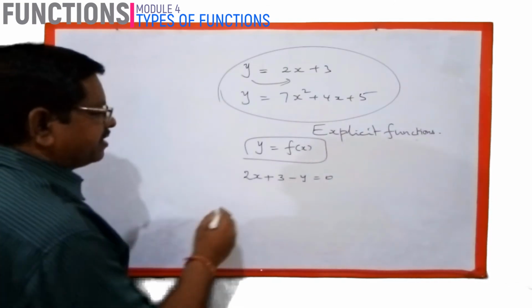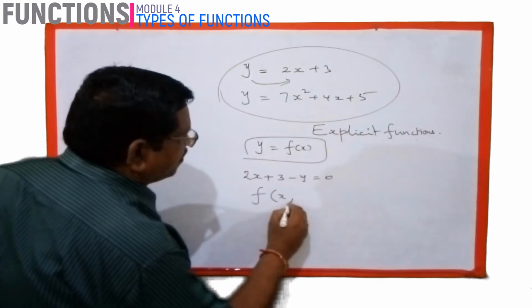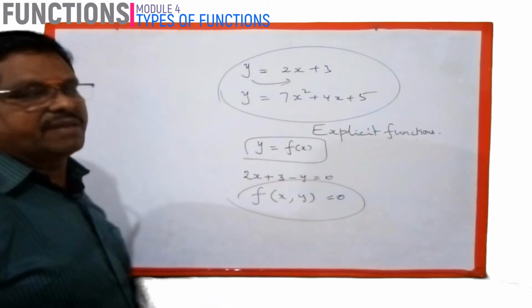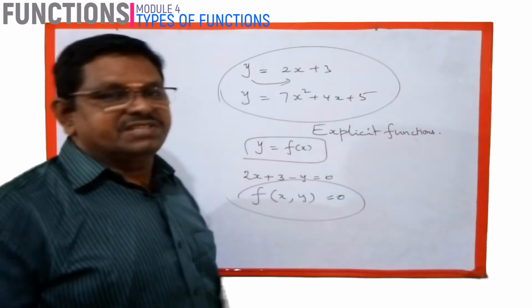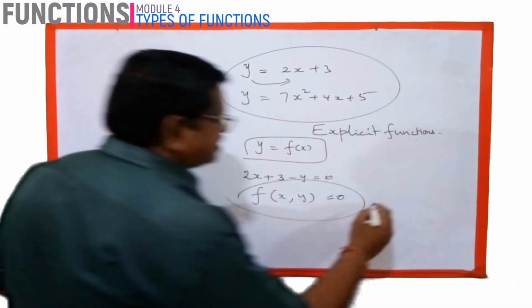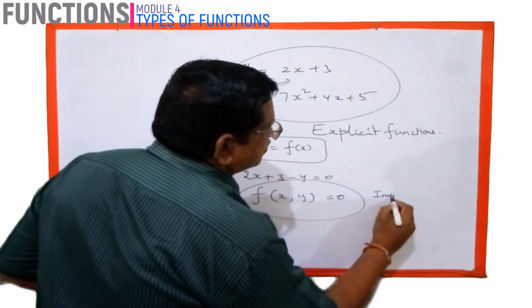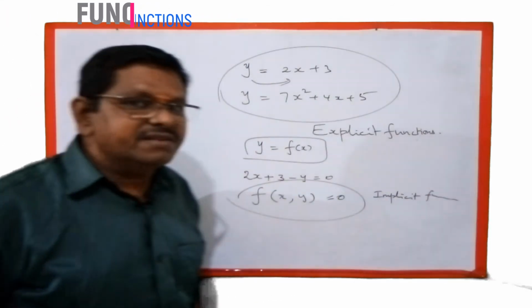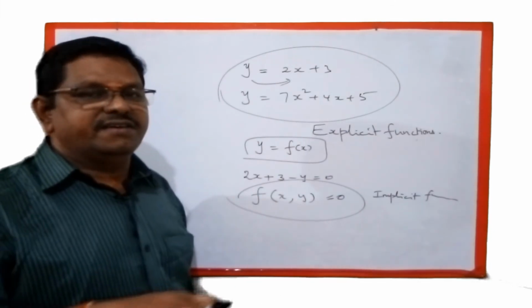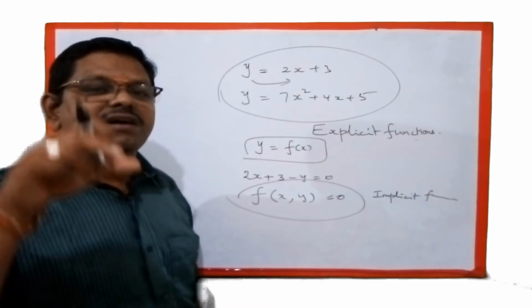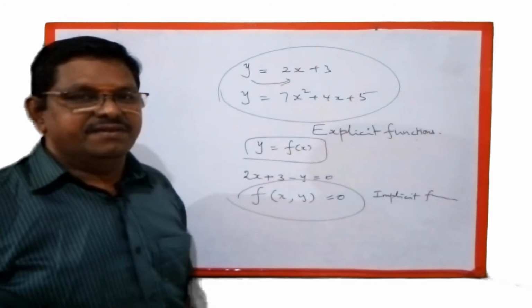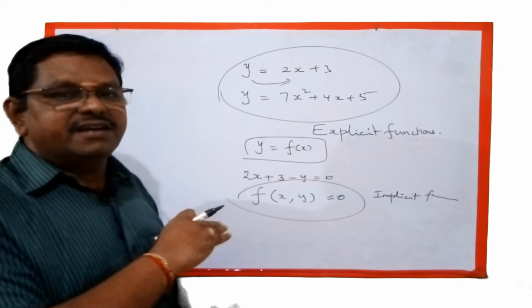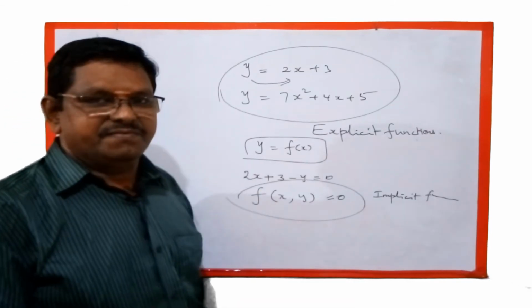If you are writing the function like f of x comma y is equal to 0, such a function can be called an implicit function. So in implicit functions, both the dependent and independent variables are present on the same side. In explicit functions, dependent variables are on one side and independent variables are on the other side.